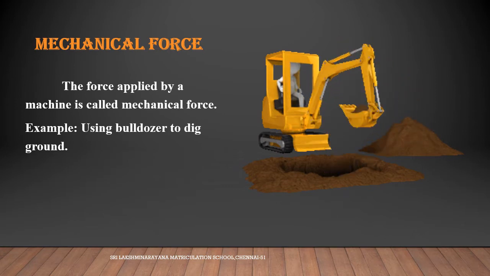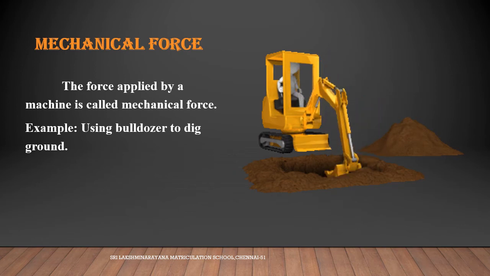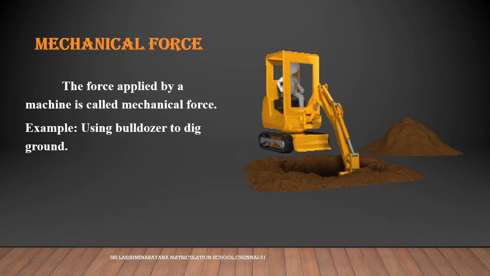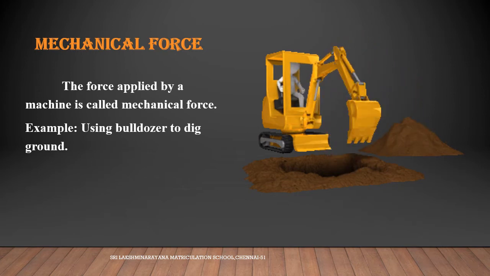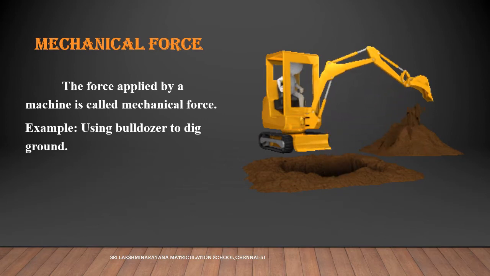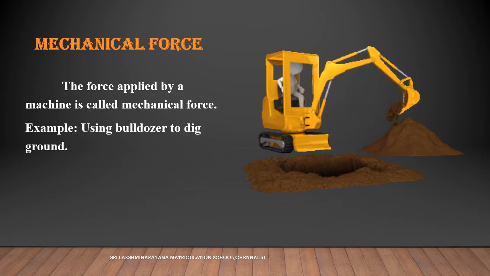Example, using a bulldozer to dig a ground. In this picture, you can see a man digging a ground with the help of a machine. So, this is an example of mechanical force.